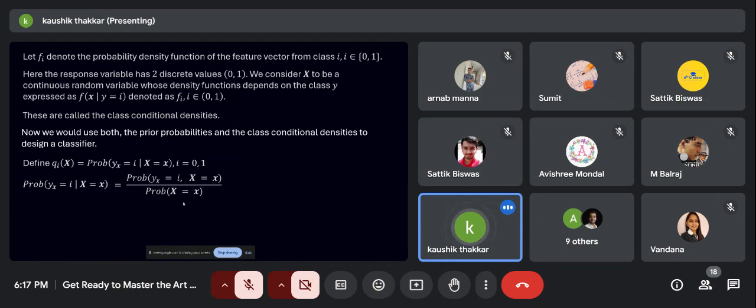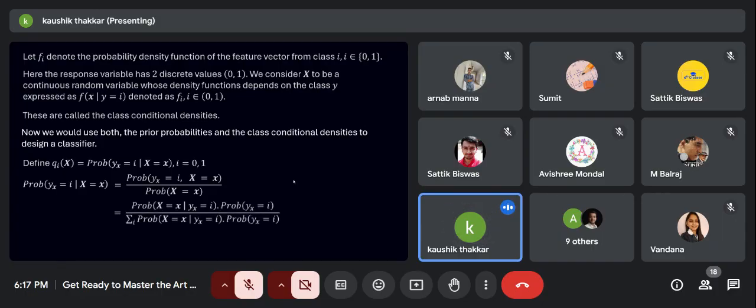So we just simplify this. This is a simple law of probability: P of A given B can be written as P of A intersection B divided by P of B, where A and B are given events.